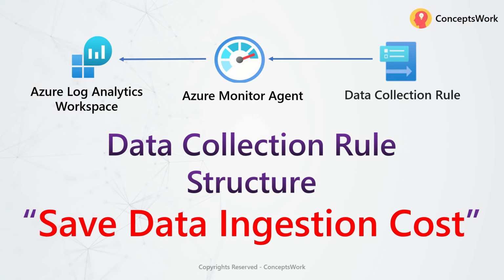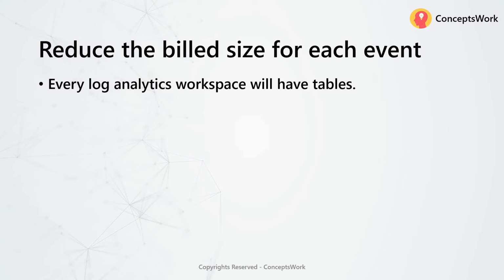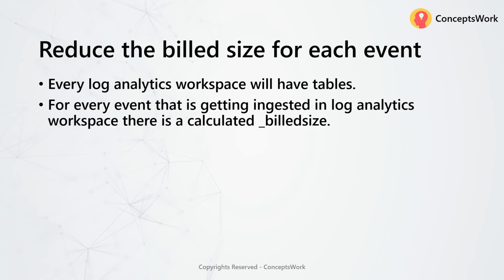Now the data ingestion cost, let's say for a workspace, can only be reduced if you reduce the billed size for each event. Let's understand what I mean by this. Every log analytics workspace will have tables, and each and every event that is getting ingested in a log analytics workspace is basically termed as a record.